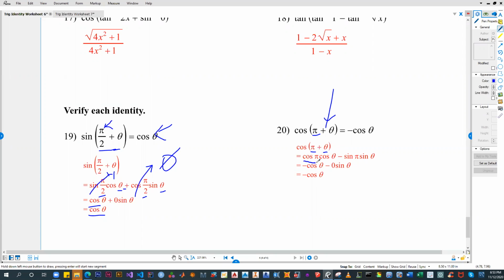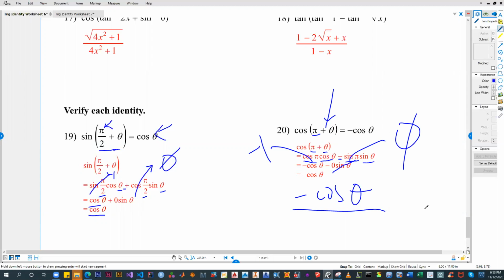So cosine pi times cosine theta minus sine pi times sine theta. Cosine pi is -1, and sine pi is 0. So the second term cancels out, and you're left with negative cosine. That one's actually really easy.